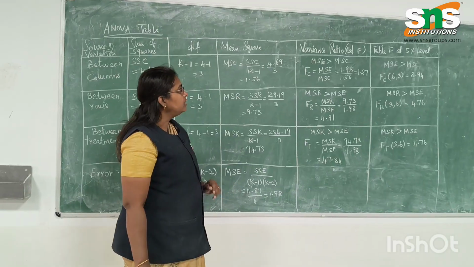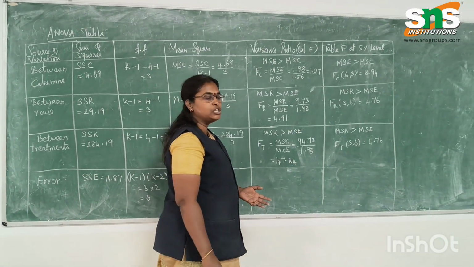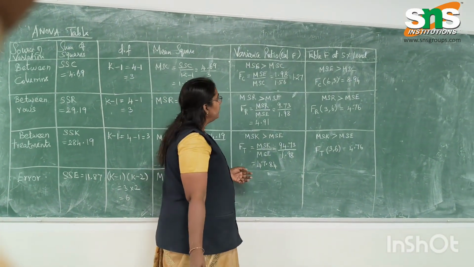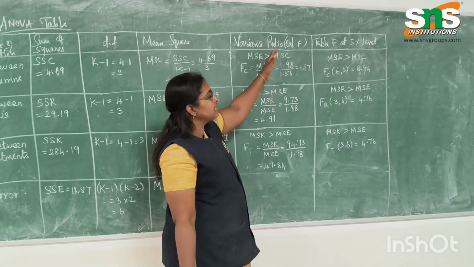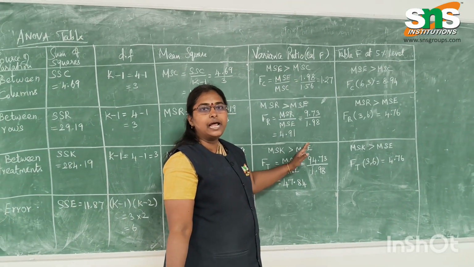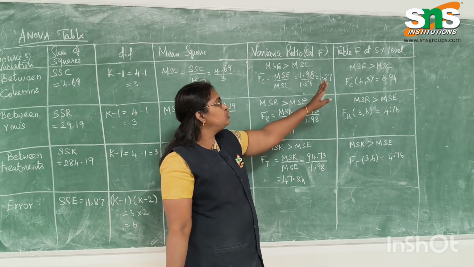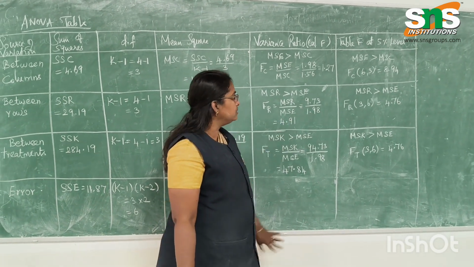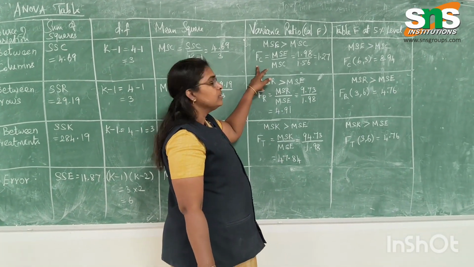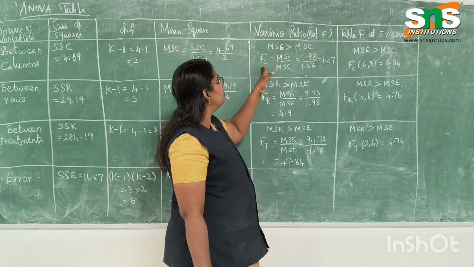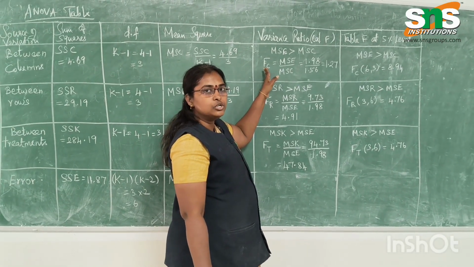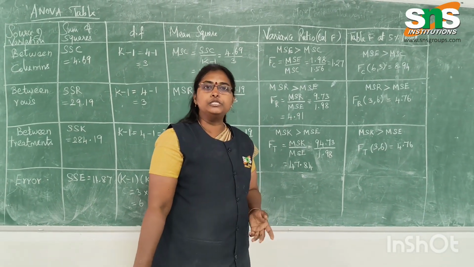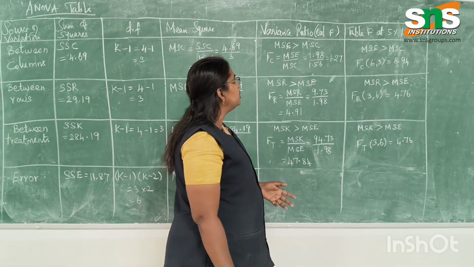After that we go for the original calculation, the variance ratio. Here we calculate the calculated F, and then using the table we find the table value. First we move on to column wise, using the F test, the variance ratio test.